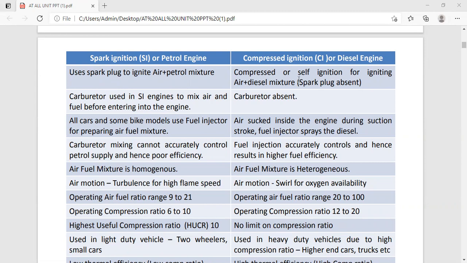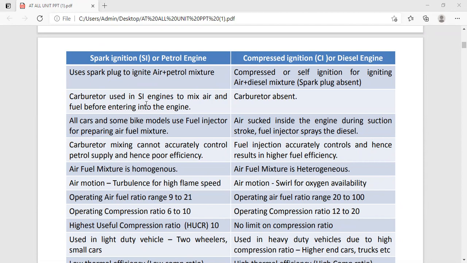But in the compression ignition engine, the compression is higher, so due to the compression action, the air and diesel mixture will ignite itself due to the high pressure. So in the compression ignition engine, the spark plug is absent.